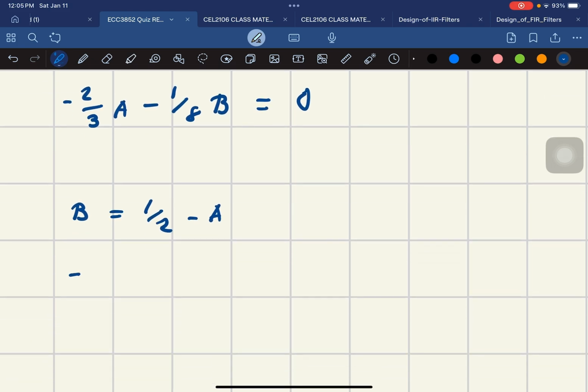So negative 2/3 A minus 1/8 times (1/2 minus A).